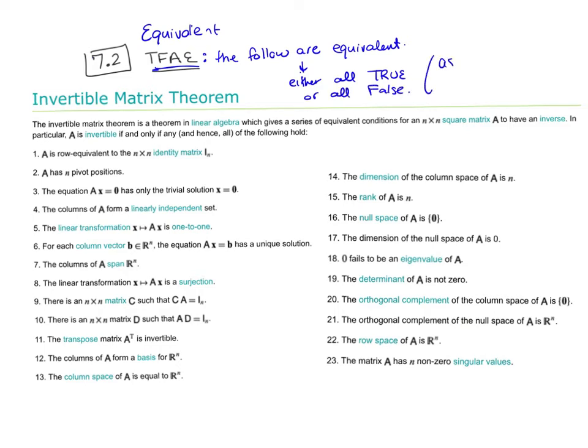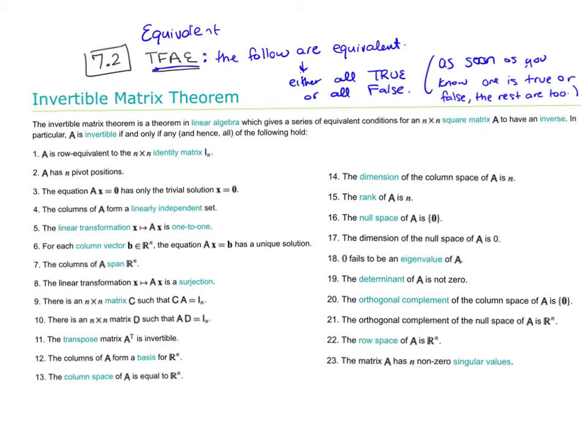And as soon as you know that one is true or false, the rest are too. So the rest are true if one is true, and the rest are false if one is false.